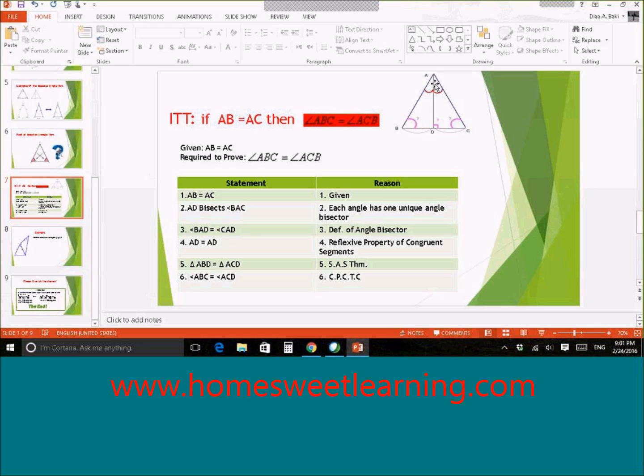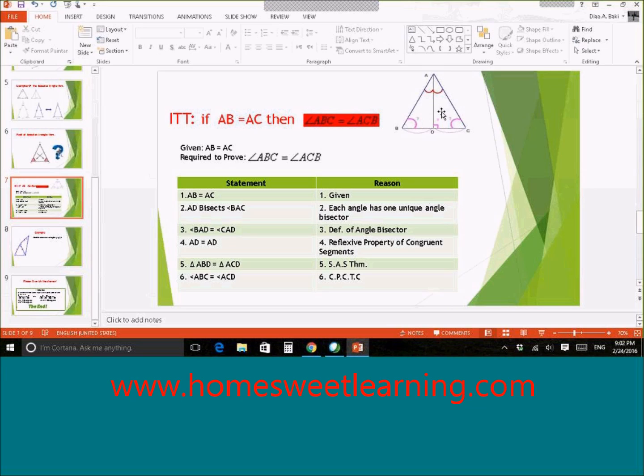So angle BAD is congruent to angle DAC. This is congruent to this angle. The two triangles, you can see them, right? This triangle ABD and this triangle ACD.